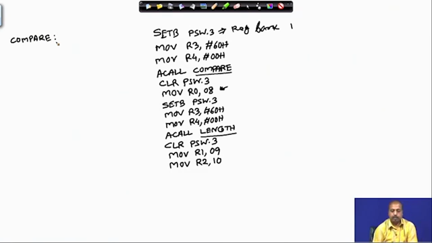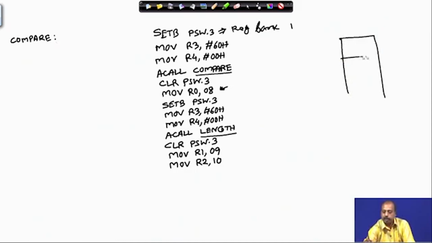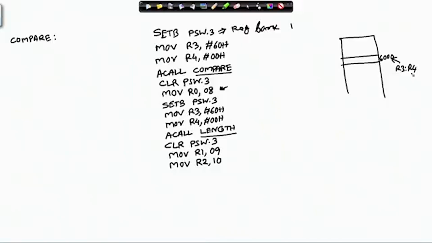First we have to get, so R3 and R4 are actually pointing to the memory location 6000. If this is your memory and this is the address 6000, then the R3 R4 pair is pointing to this. These R3 R4 values should be moved to the DPL and DPH registers, so that I can use DPTR for accessing individual memory locations.